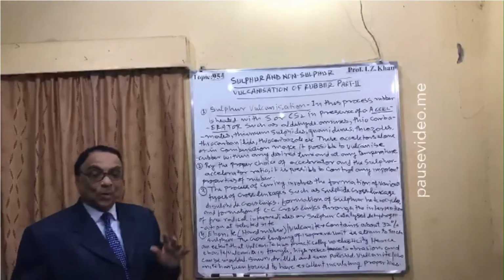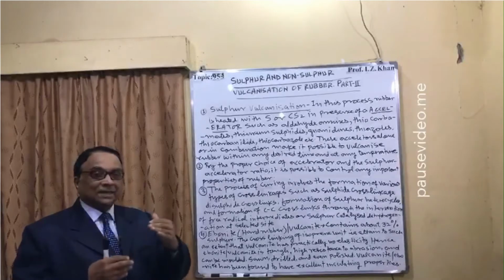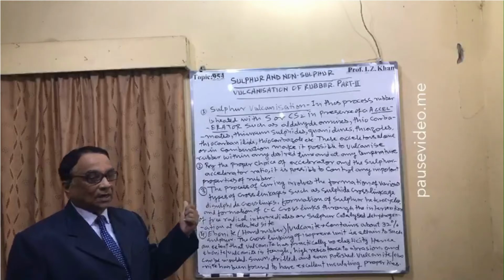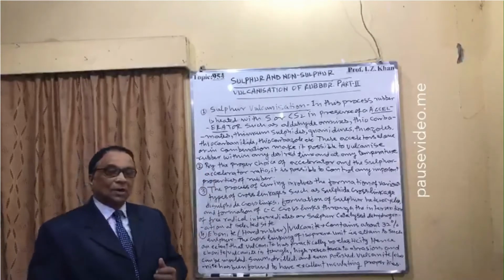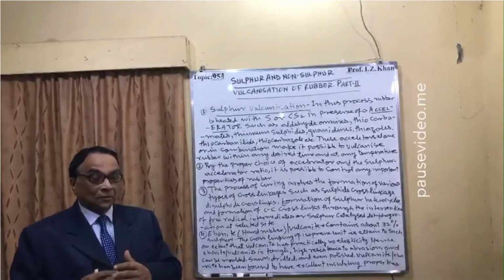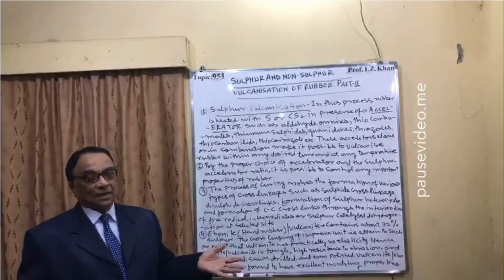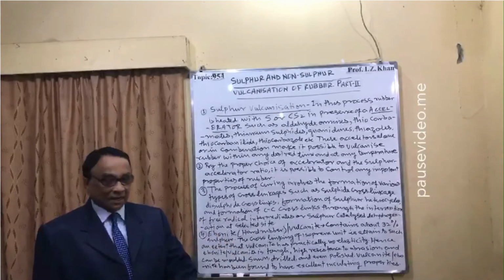So the important properties of rubber can be controlled by maintaining the ratio of these amino derivatives, thiazole and guanidine, thiocarbazole with sulfur. If the ratio is controlled, the properties of the rubber can be maintained, especially the physical and chemical properties.